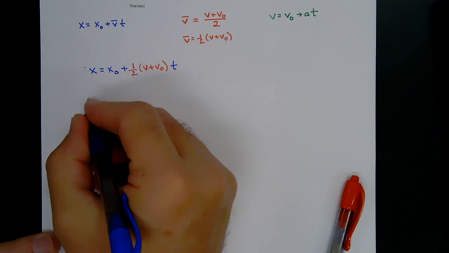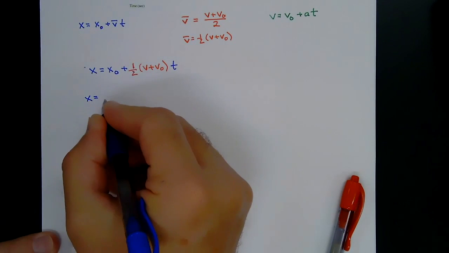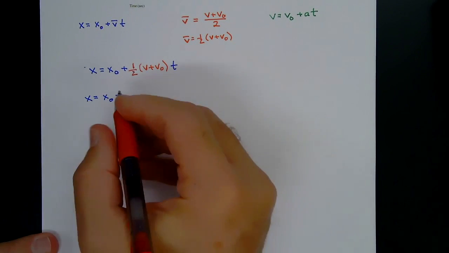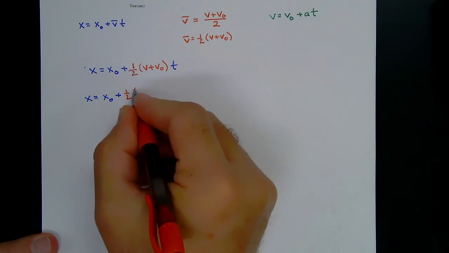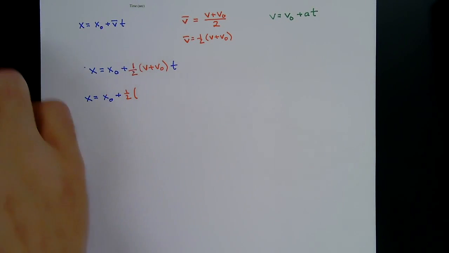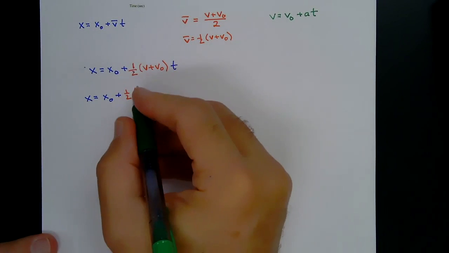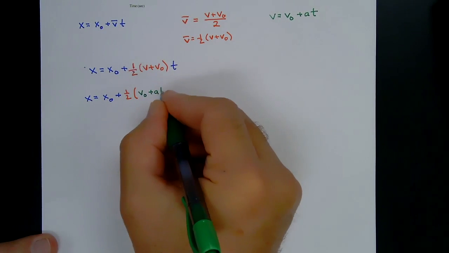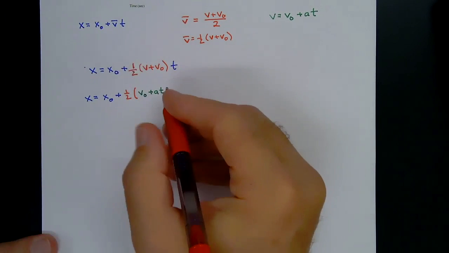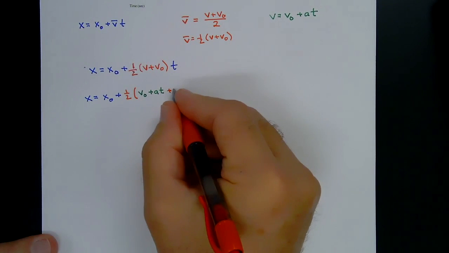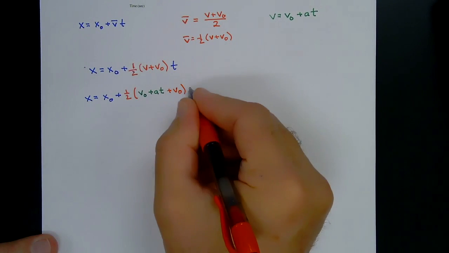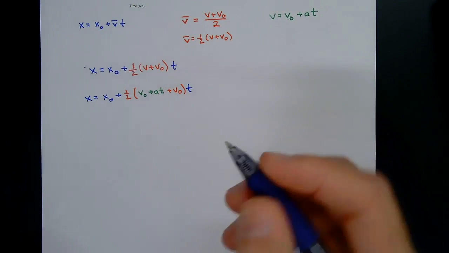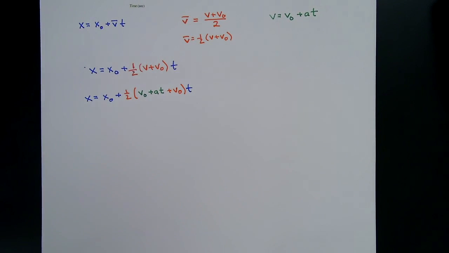This is going to become X is equal to X sub o plus 1/2 times the parenthesis, and then that V becomes V sub o plus AT, and then plus the V sub o, and then multiplied by the T. Hopefully you can see all the color coding with this.